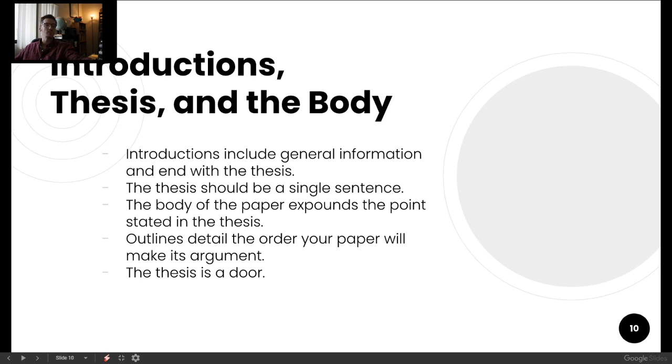The thesis statement is the entry point to that specific point that you're making. And from there, you can go anywhere in the house. You've got lots of places to go. You've got point 1, point 2, point 3, and each point has its own supporting evidence. So there are lots of places that you will go in your paper as a reader once you enter the door through the thesis statement. So in that sense, the thesis is a door, whereas the introduction is a funnel.